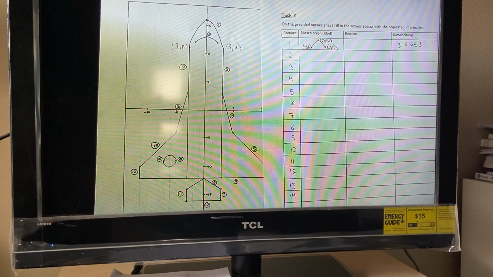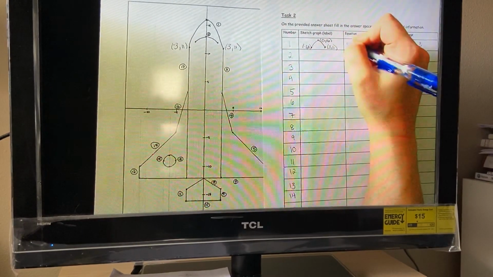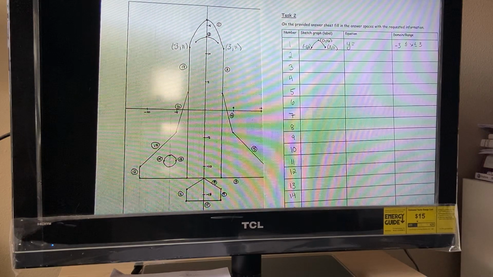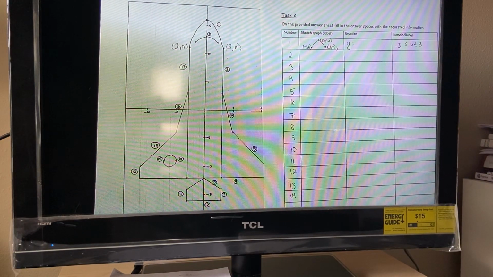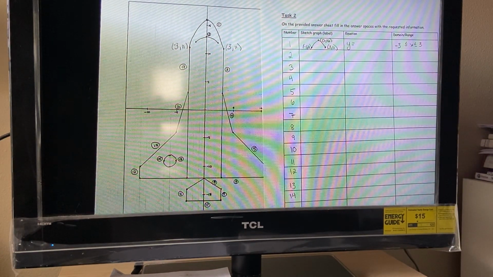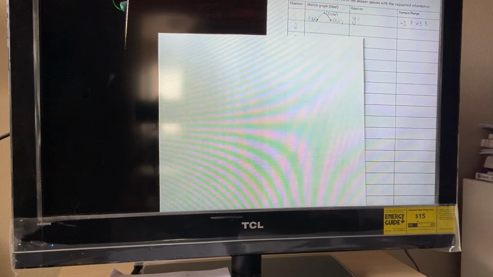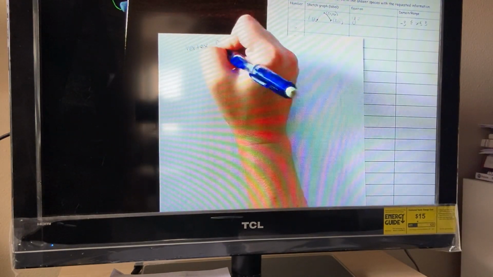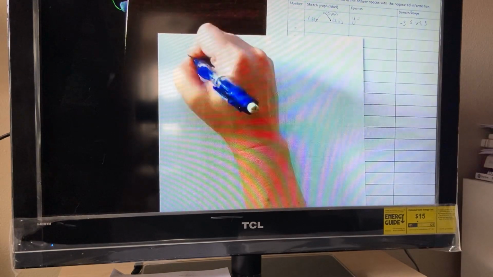Okay, and then equation. Okay, well, this is a parabola. It's an upside down parabola, so I know it's going to be a y equals. That's useful. I know where the vertex is, and I have the 2 points, but I kind of got to do some math for this one. I'll flip this over for some workable space. So the vertex form of a parabola, I'll put here.